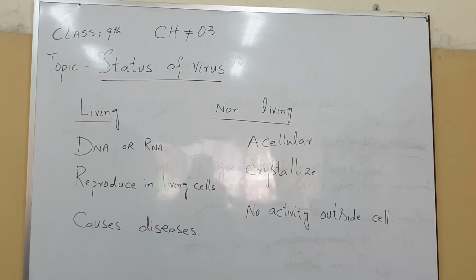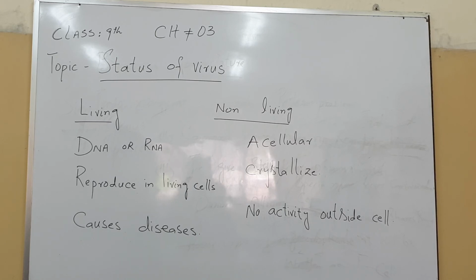When it goes inside the living cells, it starts its reproductive cycle, and produces many copies of itself. As a result, they cause diseases in living organisms, in the living cell which they enter and start their life cycle. So all these characteristics show that viruses are living.